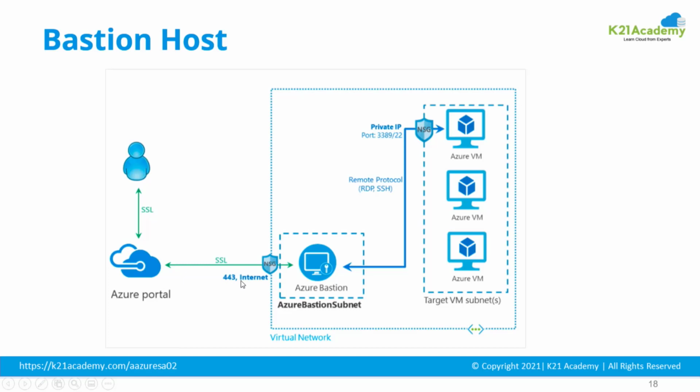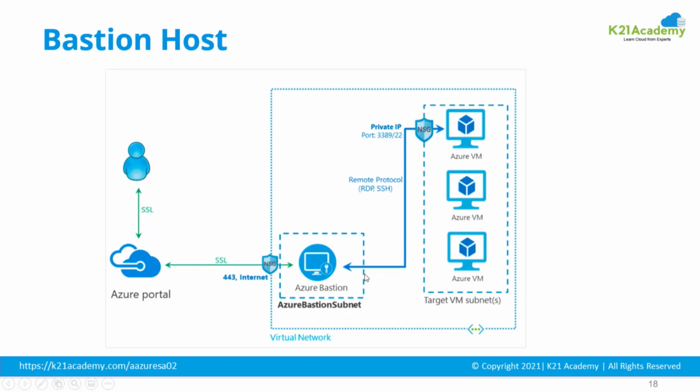You'll be going through a browser. The user doesn't need any SSH client or any RDP client. They will go to the browser, type HTTPS and the Bastion host name, and they will be presented with a username and password, and they are jumping onto this Bastion host. From there, connections are opened to your backend Windows or Linux machines.